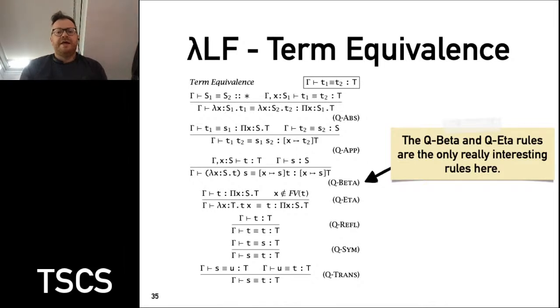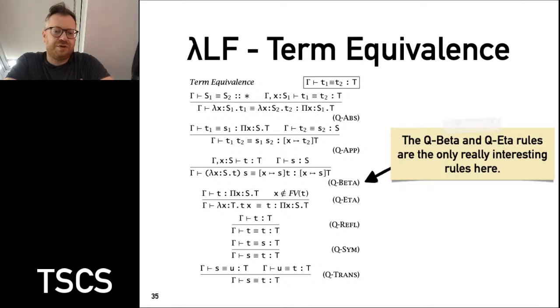The eta rule is a little bit more complex. It says we have a lambda function, lambda x of type S, with t applied to x. In there we have another term, and this term, as you can see in the premise, is typed as a pi type. That can be anything, like a function or a higher order function.